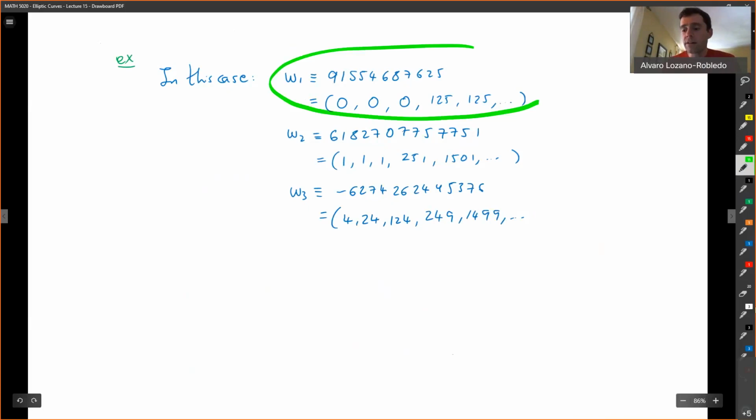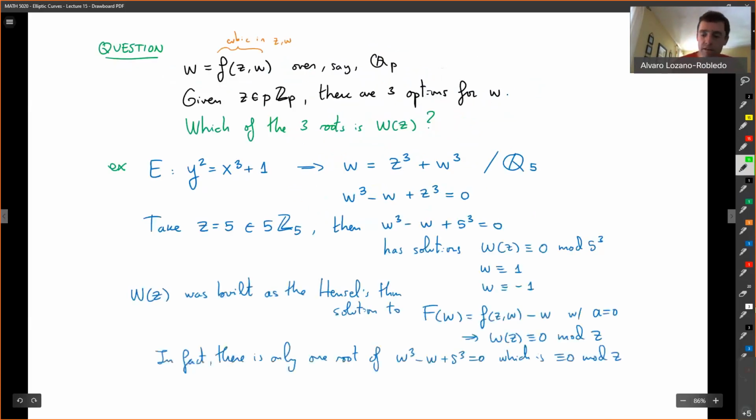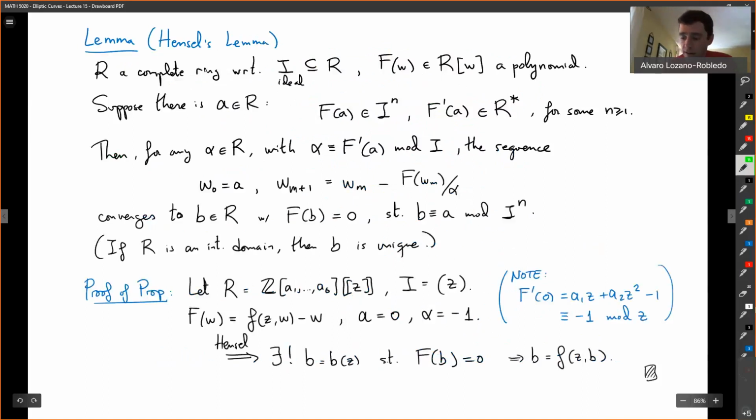And in fact, notice that if you go back to Hensel's lemma, Hensel's lemma tells you that there is going to be one solution that satisfies your recurrence, and that root is congruent to a modulo I to the n. Here our a is 0, so this has to be 0 modulo I to the n.